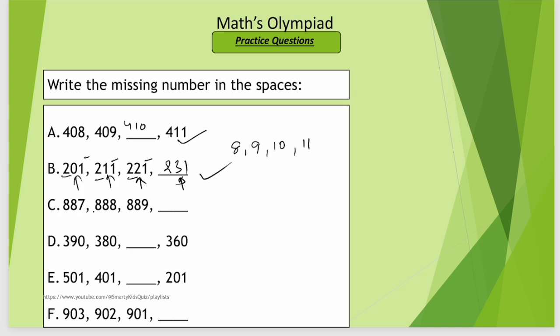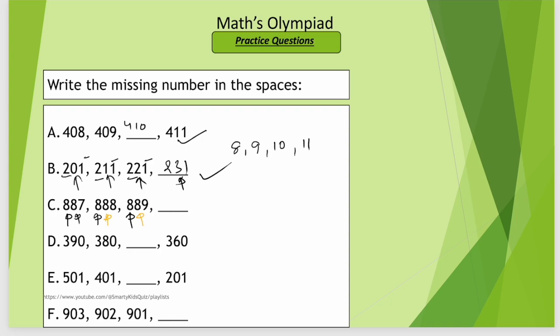Okay, see, 887, 888, 889. Same here, hundreds place 8, here also hundreds place 8, hundreds place 8, right? Now tens place 8, right? So what is the tens place? 8. So here also tens place 8, tens place 8, right?